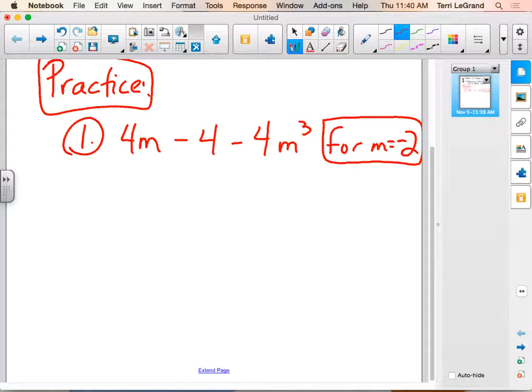For m equals -2. Okay, now I'm going to interject a few questions along the way also to make sure that we review what we talked about yesterday. Okay?